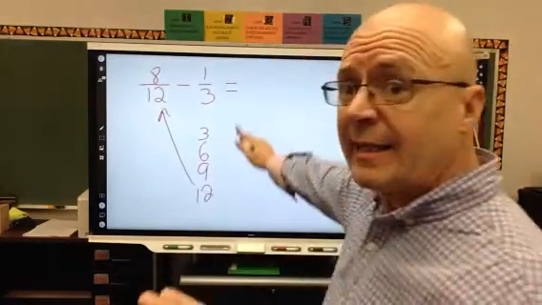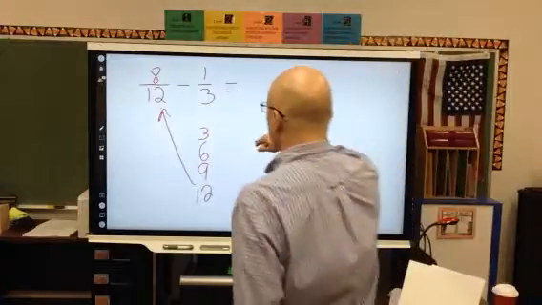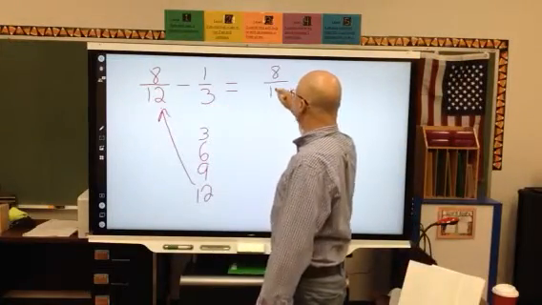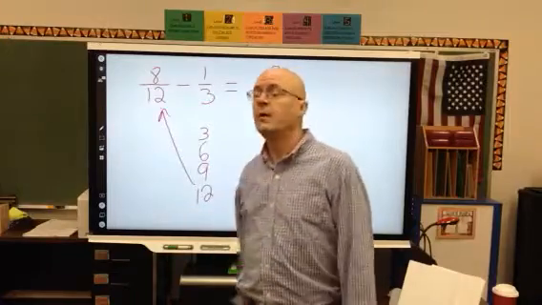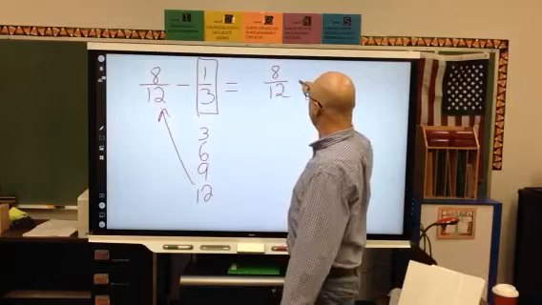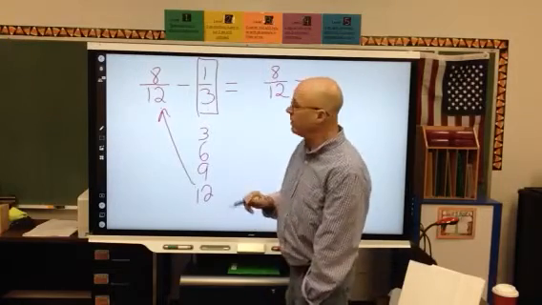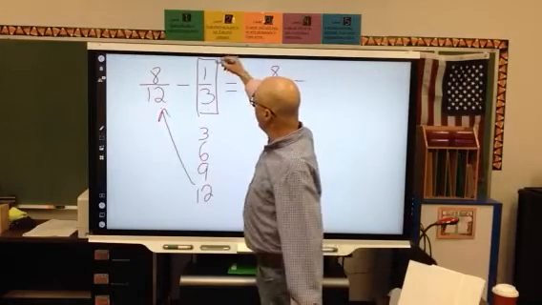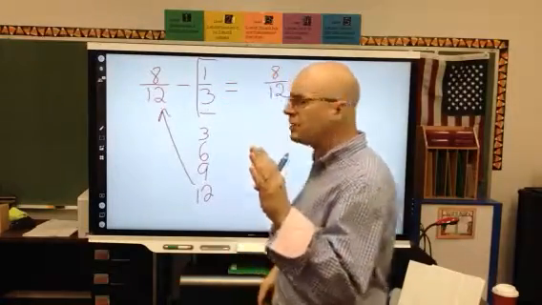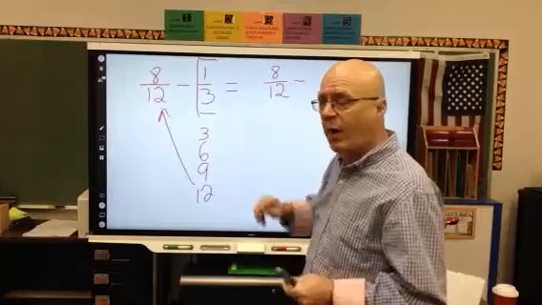Now, because we got there, we don't have to change this one. So this is going to stay the same. This fraction is going to change. Okay? So, whatever I do to the bottom number, I have to do to the top number. So what did I multiply 3 by to get 12?